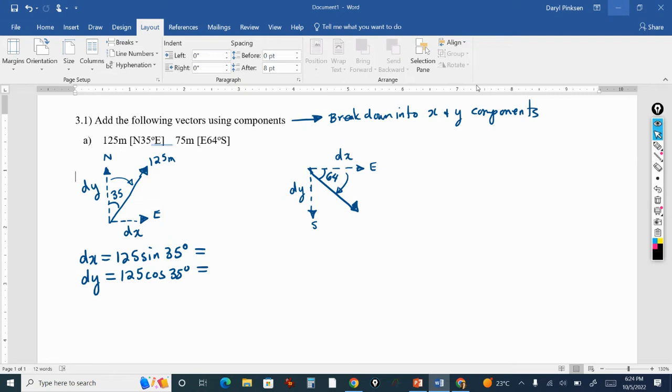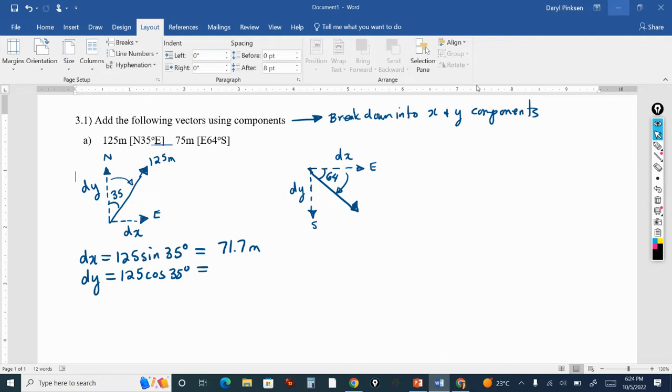So let's see what these components are. 125 sine 35 is 71.7. So that's 71.7 meters, and this is to the east. So I'm just going to call it positive. It's just going to make things easier here.